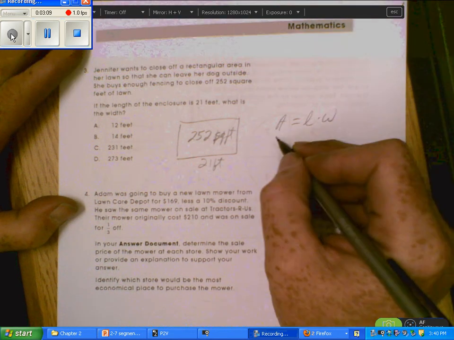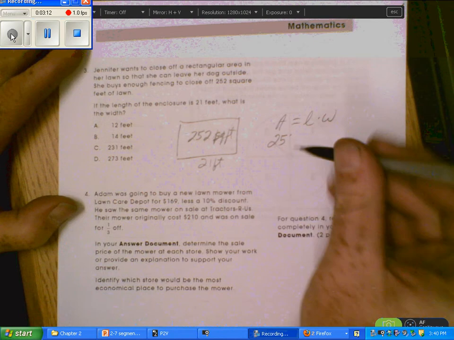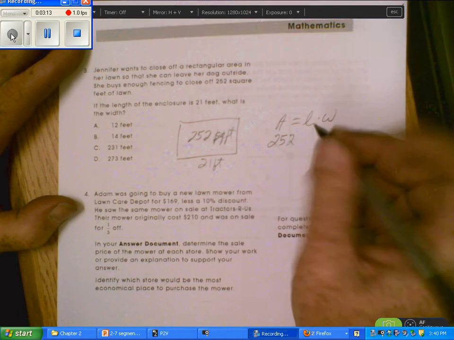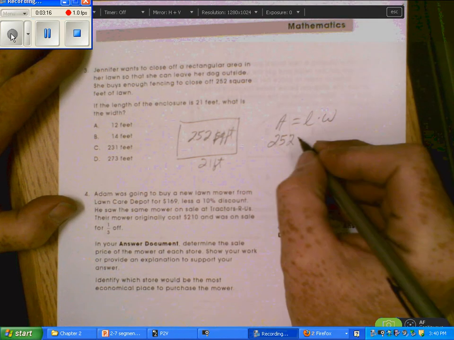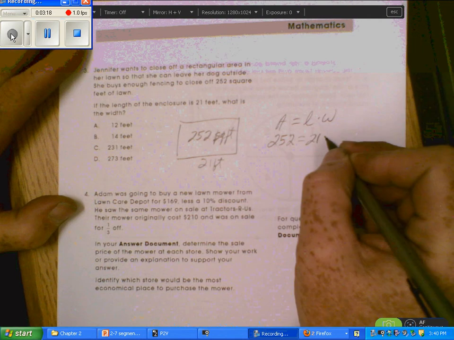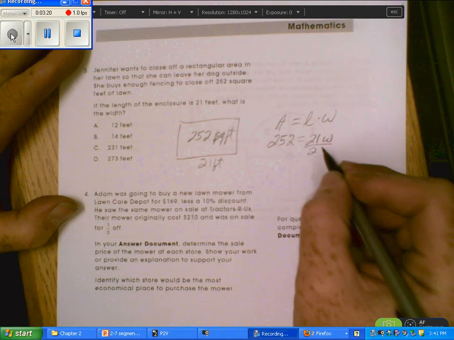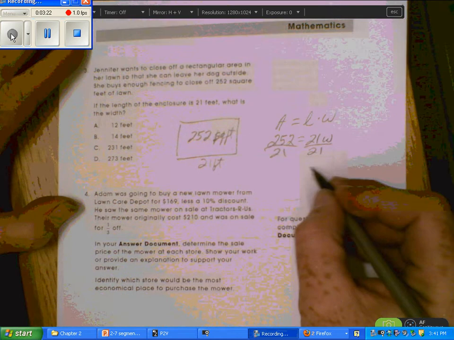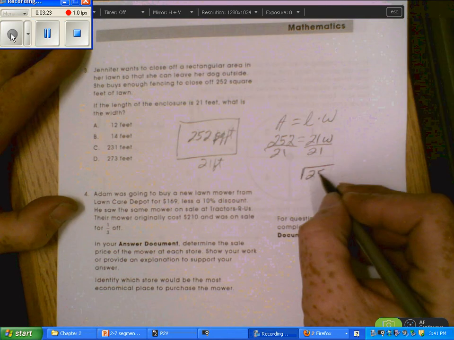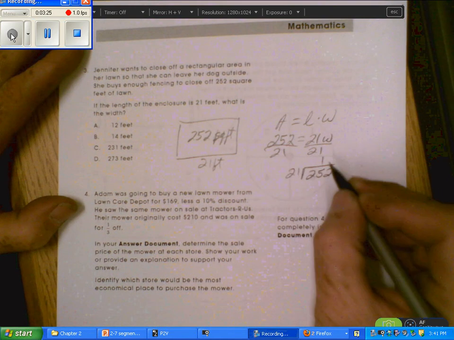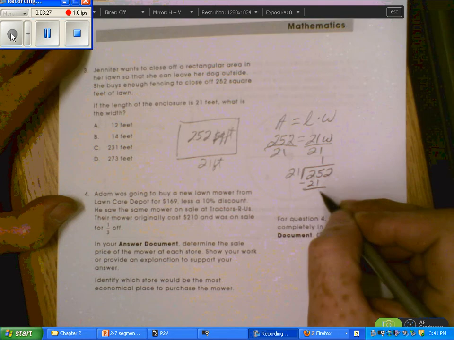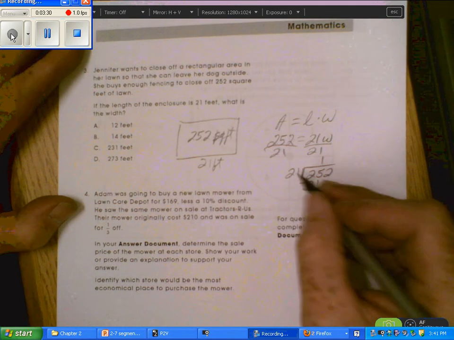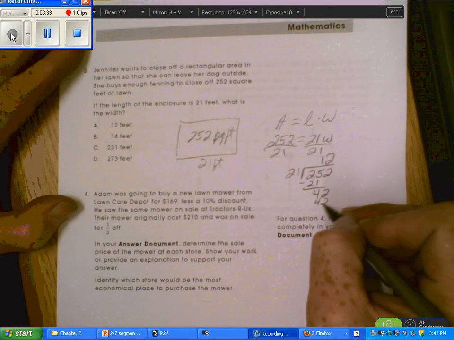The area this time is 252, so we put 252 on that side, equals the length is 21, and W. Divide both sides by 21. You end up with 252 divided by 21. It comes out even when you subtract there. You end up with 12 feet.